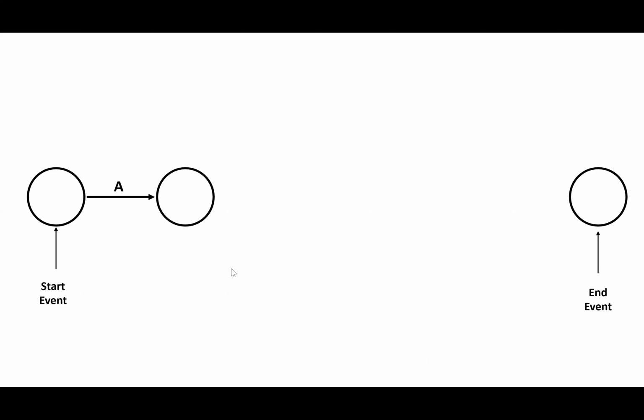Then from there, we begin on B and C. Why? Because when you look at your table, when we finish activity A, we start on activity B and C. Then we have another circle on the head of B and another circle on the head of C.